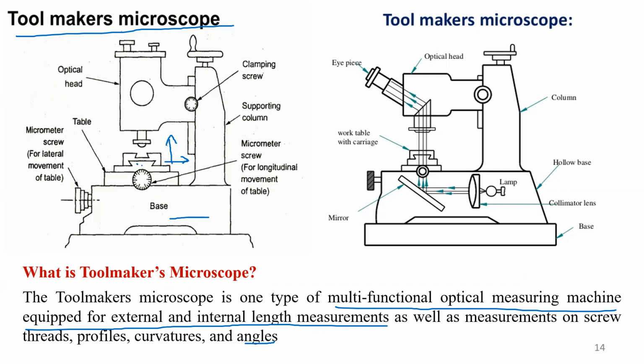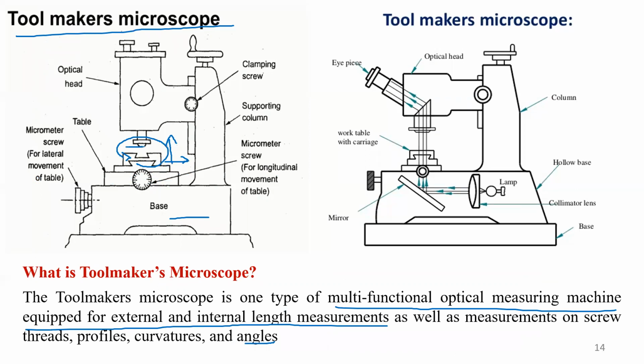The table can also be rotated through 360 degrees. These motions can be obtained by rotating the micrometer screws for both lateral movement of the table as well as the longitudinal movement of the table, and also for the rotation.